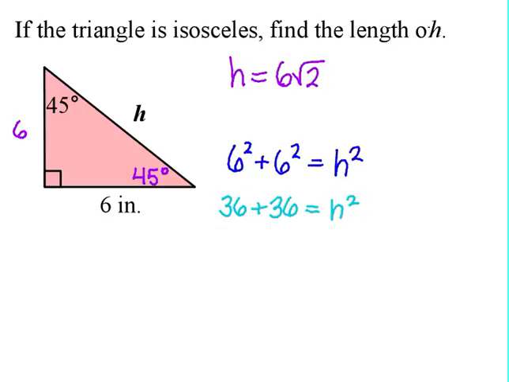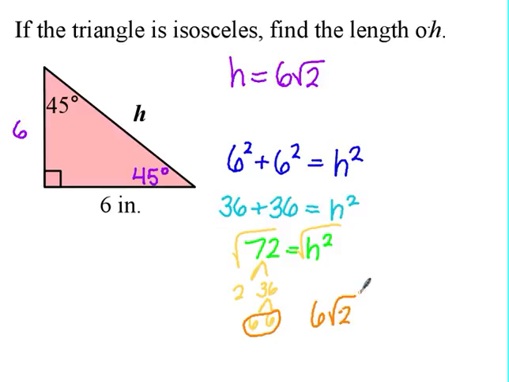What is 36 plus 36? 72. So then now to solve that, what do you do? Square root. And so you can break this down. 72 is 2 and 36. 36 is 6 and 6. So if I take my pairs out, I got a pair of 6s. So it'll be 6 root 2. And that's exactly what I got up above.